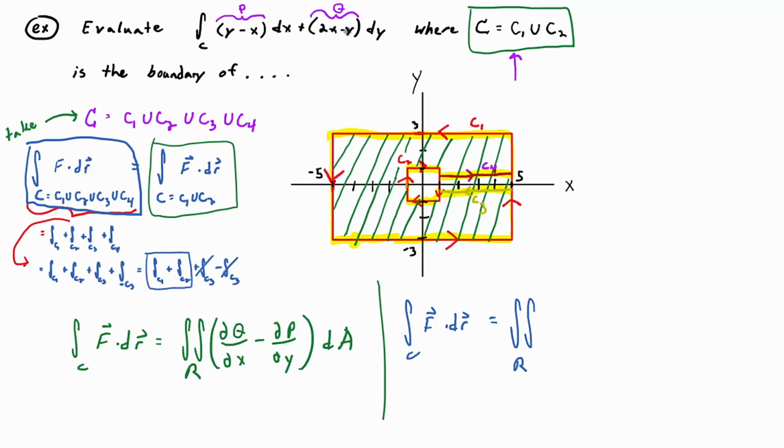Here's Q, 2x minus y. What's the derivative with respect to x? 2. There you go. Okay, what's the derivative of P with respect to y, which we're going to subtract off? Just 1, right? Just subtracting off 1.